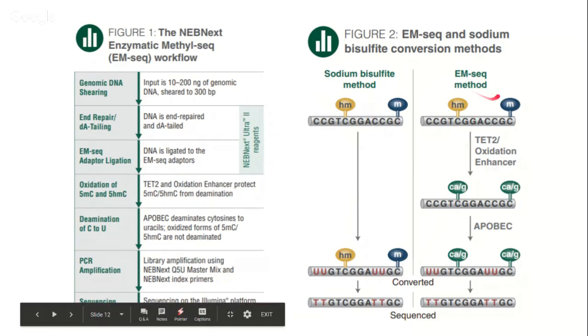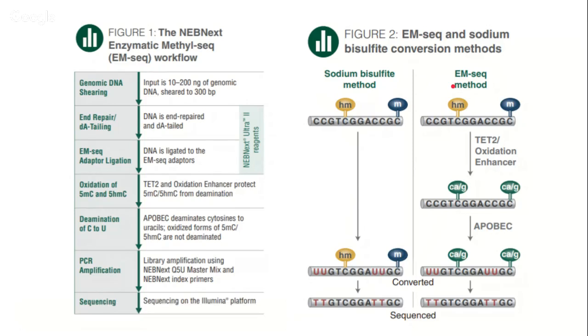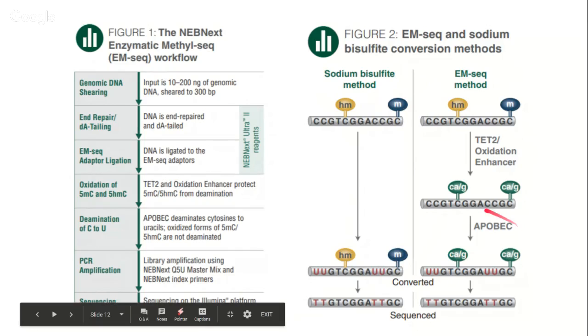And the EM-seq method, together with the TAPS and TAPS beta method we saw in the previous slide, are enzymatic alternatives to these that use, in the case of the EM-seq method, TET2 plus an oxidation enhancer, followed by another enzyme, APOBEC. So it's an enzymatic way of converting the material so that when it's sequenced on an Illumina sequencer, you can find out about it.